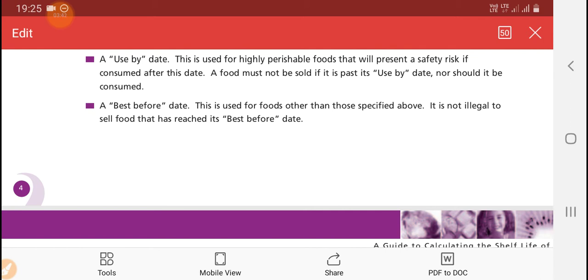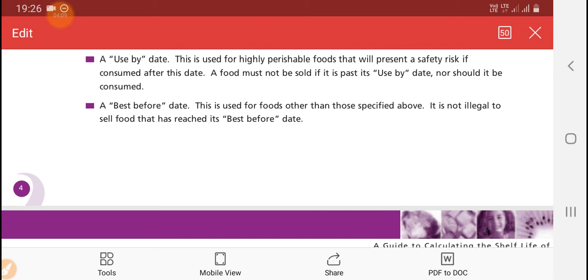What is the best before date? The best before date is used for foods other than those specified above. It is not illegal to sell food that has reached its best before date, meaning after the best before date also you can sell the product. But the issue is that after the best before date the product's quality is not confirmed.